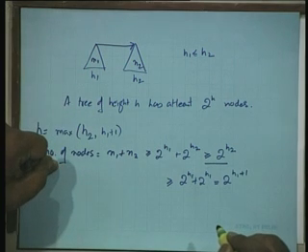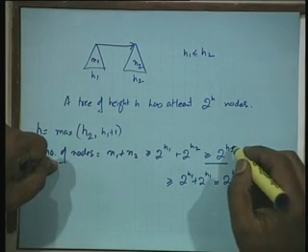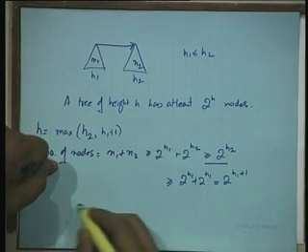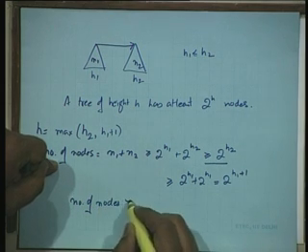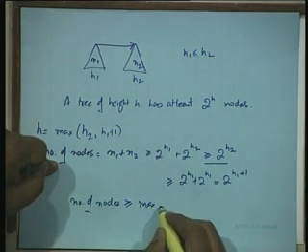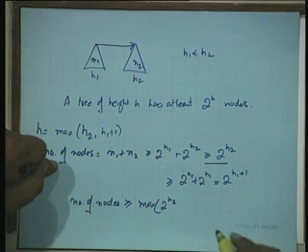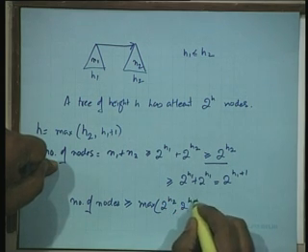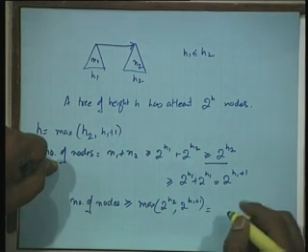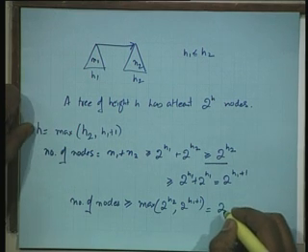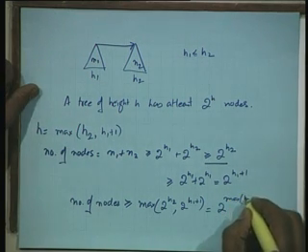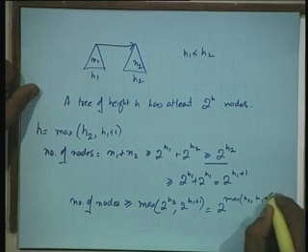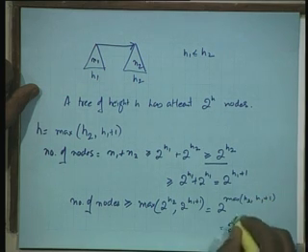So, the number of nodes is greater than or equal to max of 2 to the h2 comma 2 to the h1 plus 1. I can also write it as 2 to the max of h2 comma h1 plus 1, which is 2 to the h.